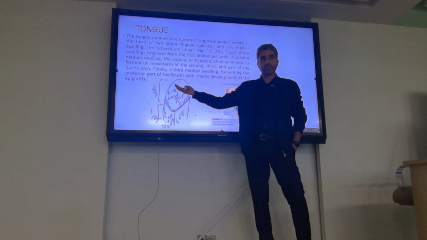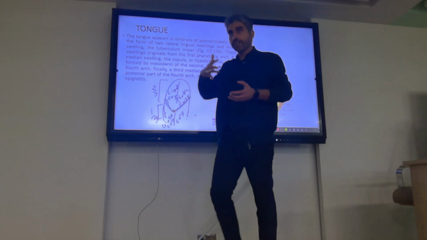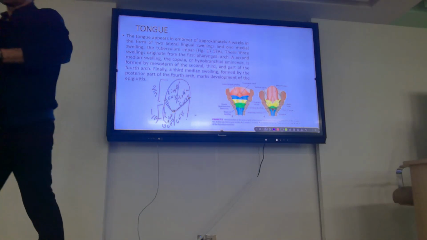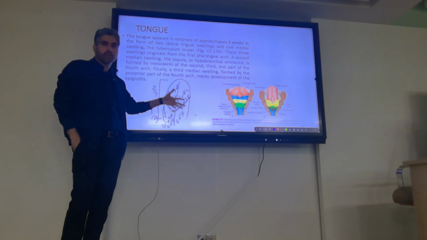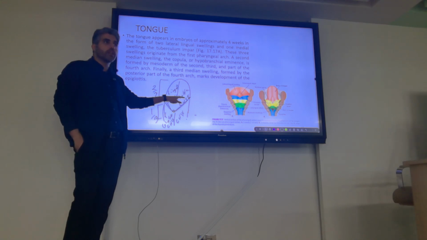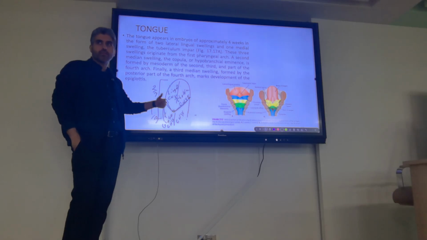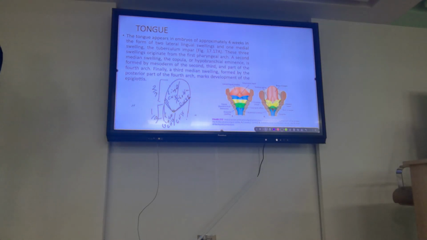But the anterior side is a mix of the first arch and the second arch. The first arch is more important, but the second arch also comes here, because the special sense of the anterior two-thirds is by the facial nerve, from the second arch, but the general sense is from the trigeminal nerve, for the first arch.